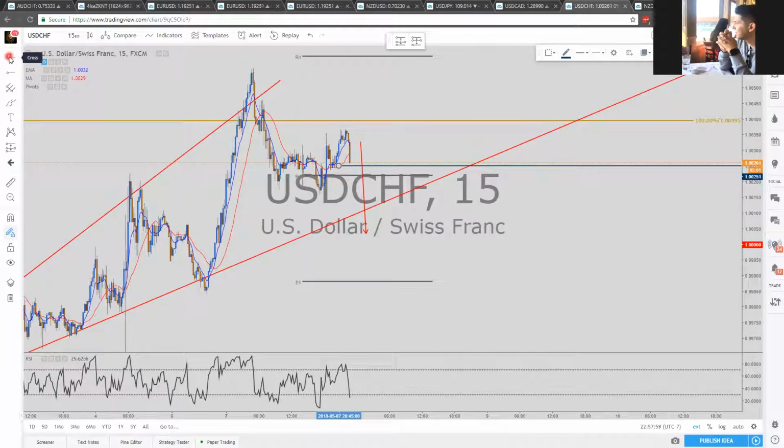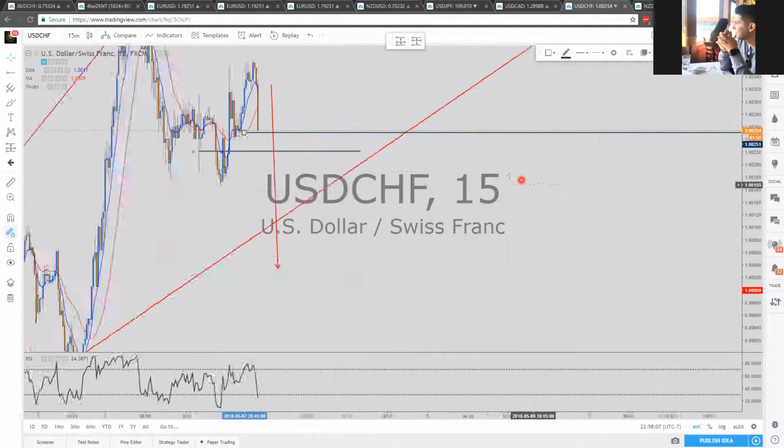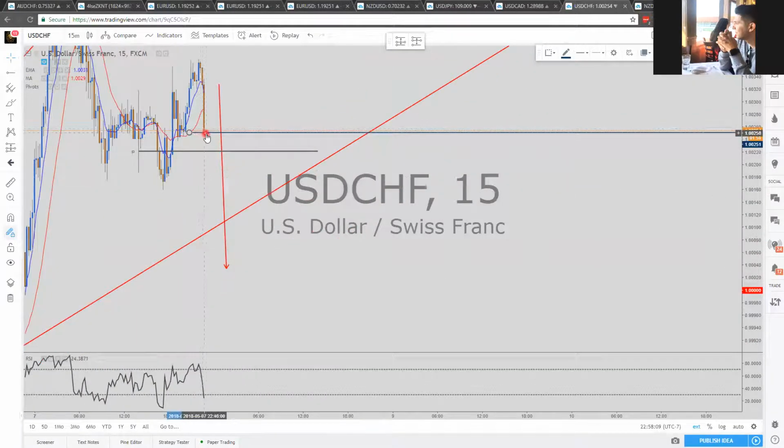We might see it stall right here at the 250. That's normally what happens. It'll push down at the 250 and then might rise up.